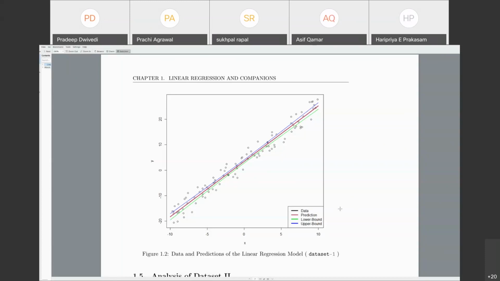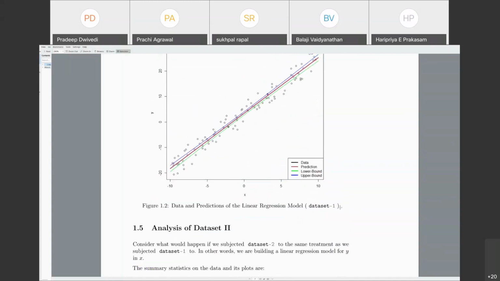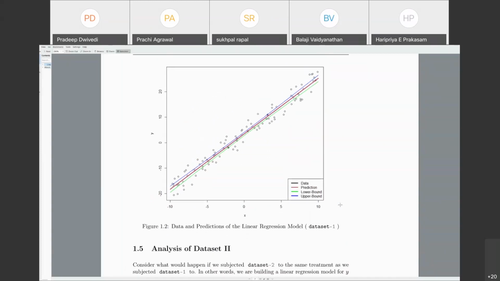Okay. Asif, in the same figure, I see the green and the blue lines moving farther apart from the maroon at the edges, but they are very close at the center. Is there anything that we can understand at this point? What happens is when you are near the center, in the neighborhood, there are far more data points, isn't it?